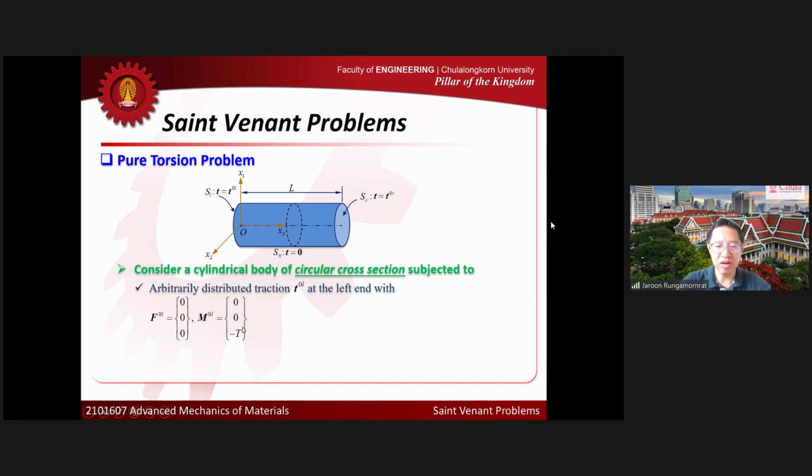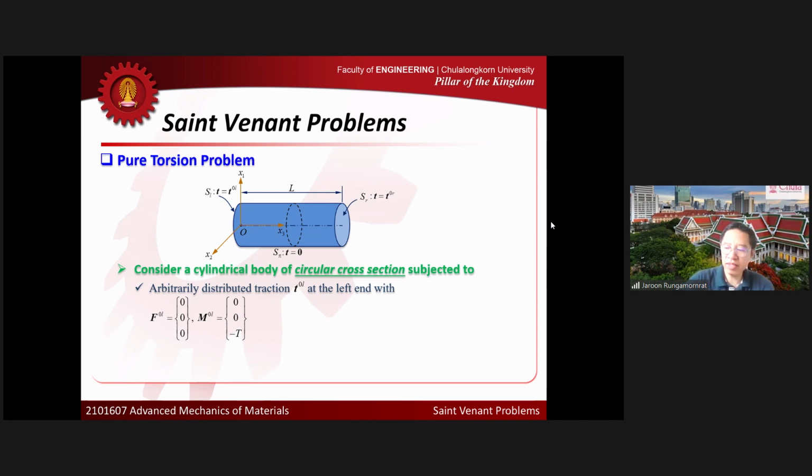We call this a torque, applied at the left end. This is simply the net moment that we have for that traction T0L. There are several distributions possible to generate this kind of net force and moments.